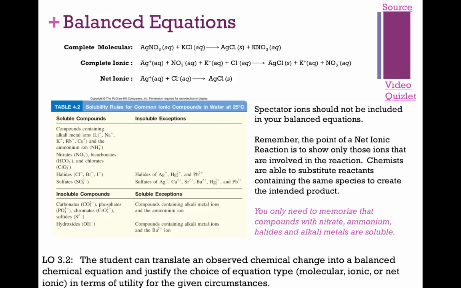They would tell you maybe that AgCl is a solid, or that magnesium sulfate is aqueous. If they tell you magnesium sulfate is aqueous, then you know that you can split it up into its ions because it's soluble. But the only ones that you absolutely have to know are potassium, nitrate, ammonium, and sodium.